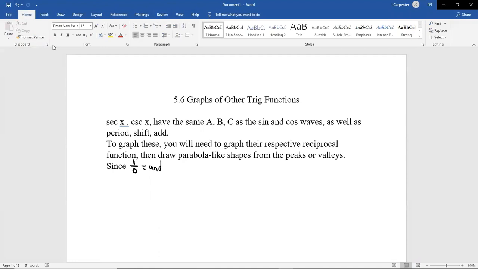All right, so since 1 divided by 0 is undefined, anywhere a sine or cosine was 0, there will be vertical asymptotes, cosecant, secant. And this is because they're reciprocals.